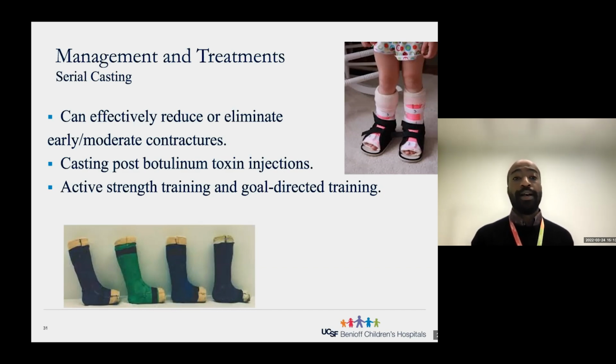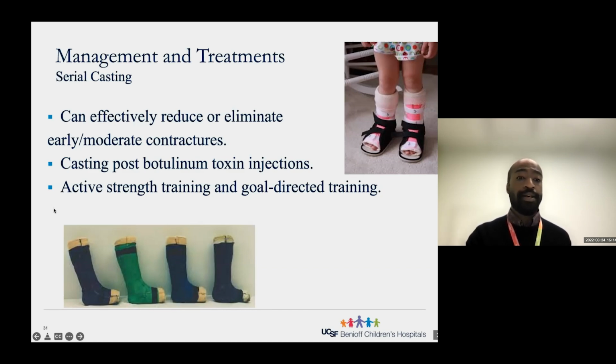And so the way we achieve this is by injecting, depending on whether it's one limb or two limbs, the gastrocs with botulinum toxin, and then a week after that, the child will be casted in a comfortable range, but stretching the Achilles tendon and the gastrosoleus complex. And they'll be left in that for a week.